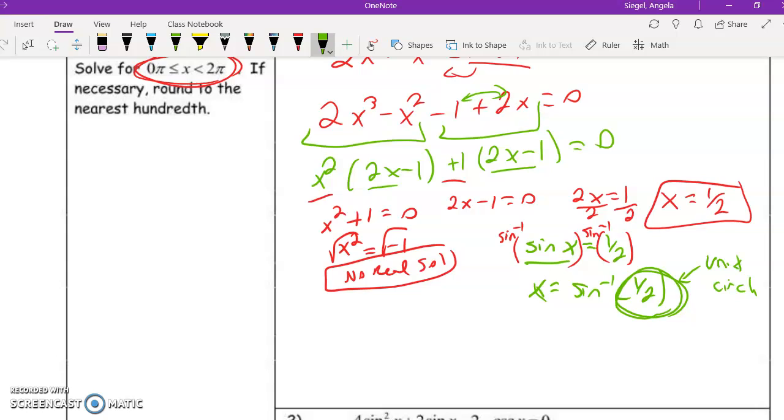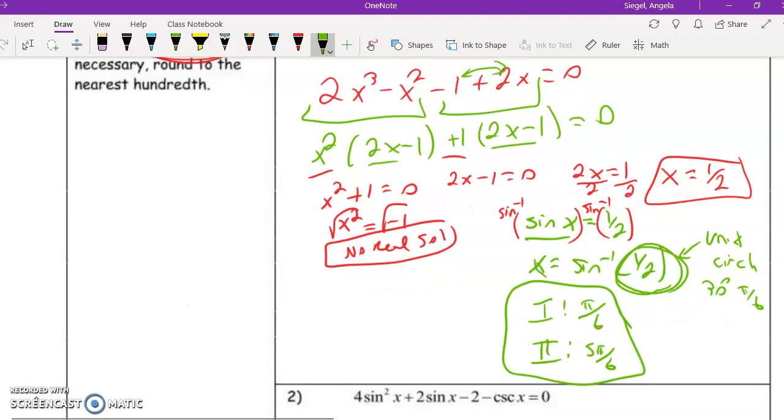The sine of 1/2 is like a 30-degree angle, or pi over 6. I also notice that it's positive, so I'm dealing in quadrants 1 and 2. In quadrant 1, it's going to be pi over 6, and in quadrant 2, it's going to be 5 pi over 6, again just using that unit circle.